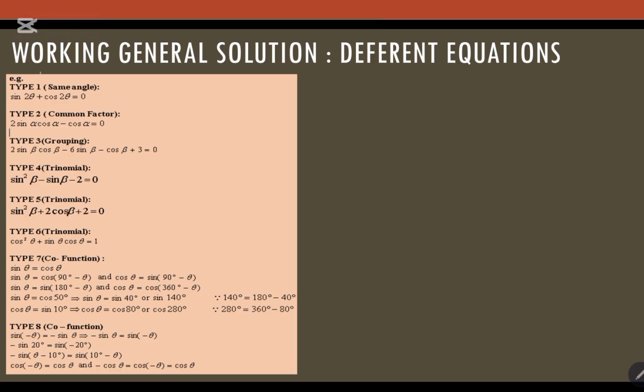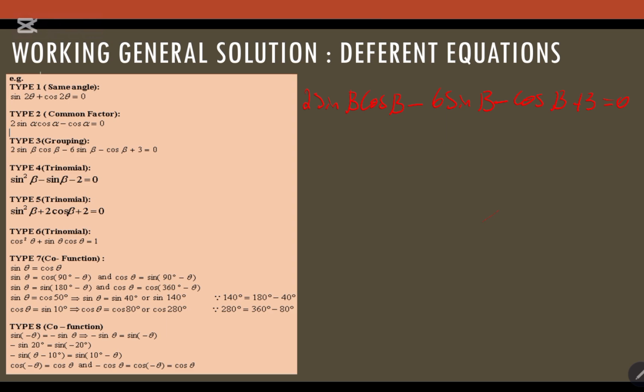Some method of factorization that these learners did in grade 10. We're given 2 sine beta cos beta minus 6 sine beta minus cos beta plus 3 is equals to 0.